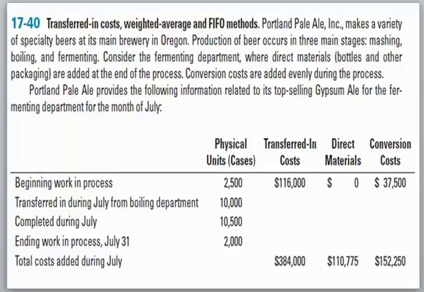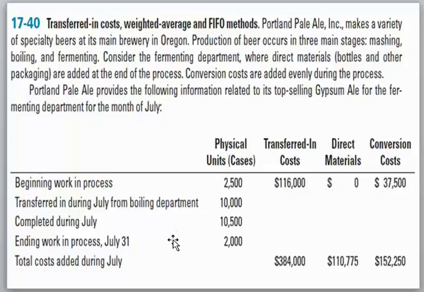So, here, the beginning work in process physical units were 2,500, with transferred in cost 116,000, direct material 0 and conversion cost 37,500. Transferred in during July from the boiling department, 10,000 physical units, and completed during July, 10,500.